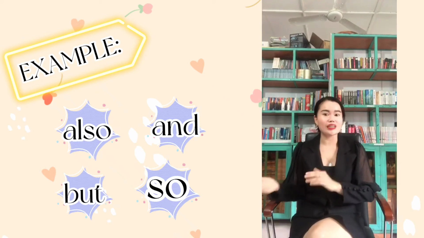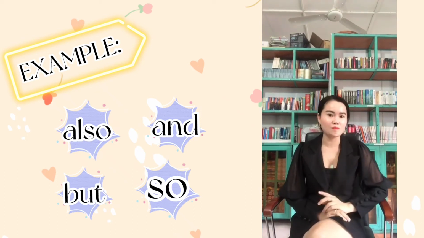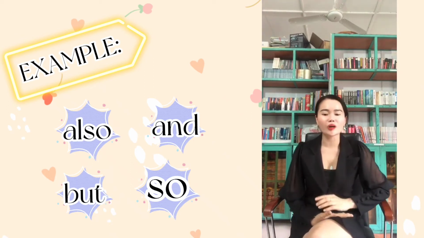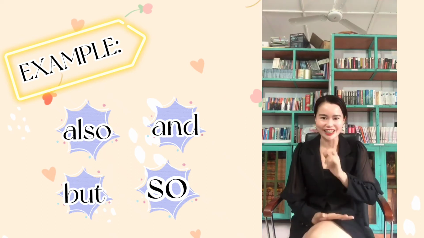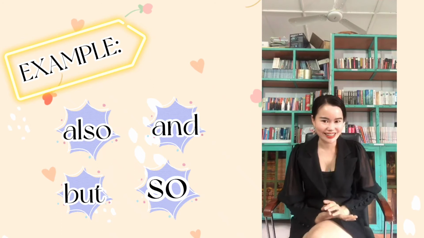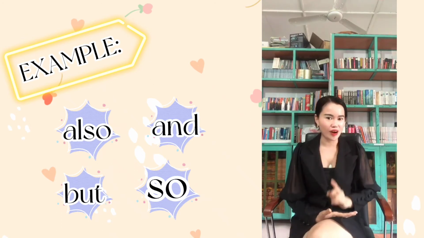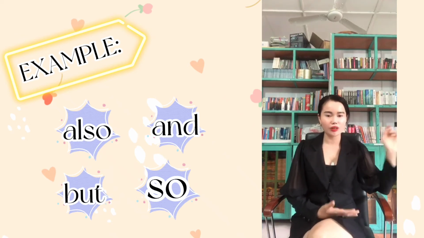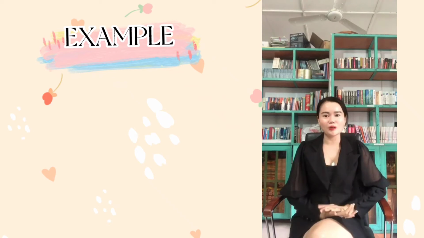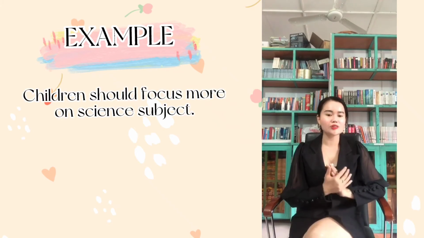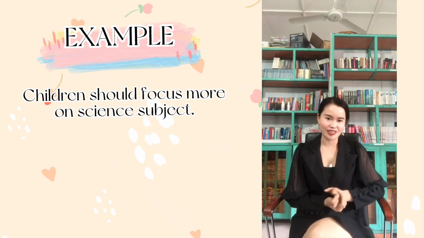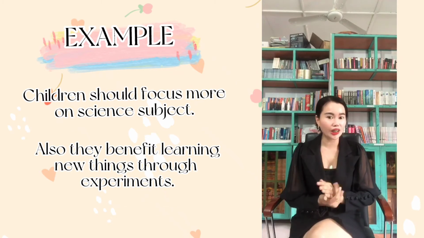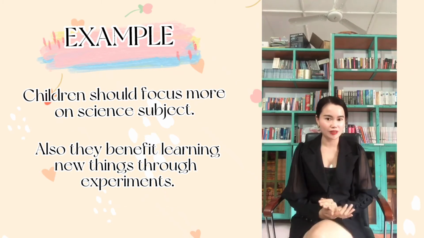They can be used in any type of writing, but they become informal when you use them at the beginning of your sentence, which is very wrong, like and, comma, but I like to go to, that is wrong. Example, children should focus more on science subjects. Full stop. Also, they benefit from learning new things through experiments.